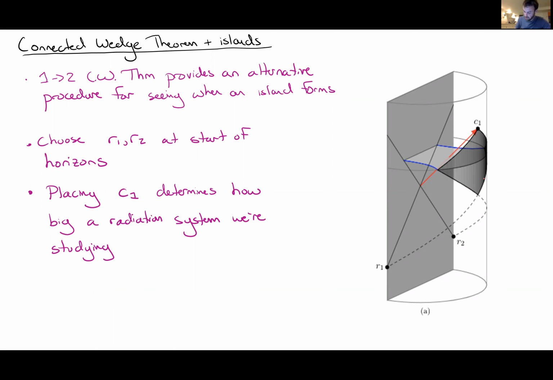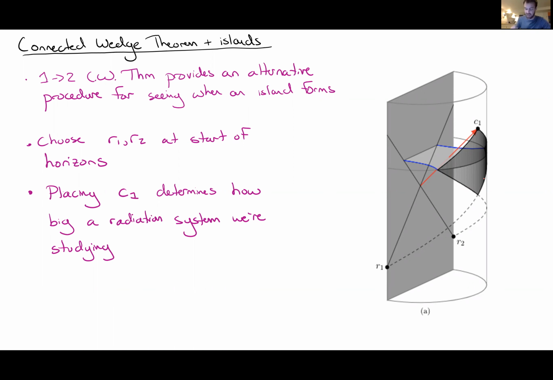To tell you how to apply the theorem, I need to tell you where to pick the points R1, R2, and C1. So we're going to pick R1 and R2 to be at the beginning of the two horizons, right? I had these lines that define these horizons. R1 and R2 are their starting points.